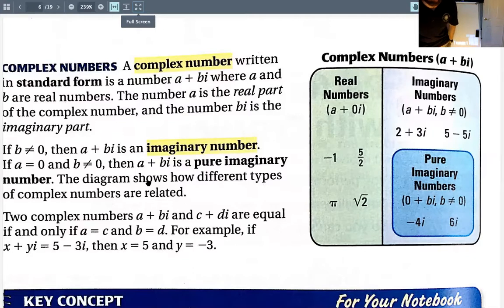But if you look in the blue little box there, if you just have negative 4i or you just have 6i, that's a pure imaginary number. There's no real part to it. The coefficient is a real number, but the whole term has no realness to it. It's just an imaginary scaled in a certain direction.